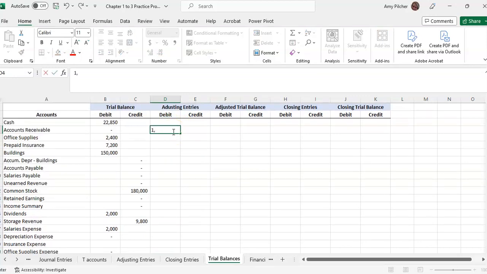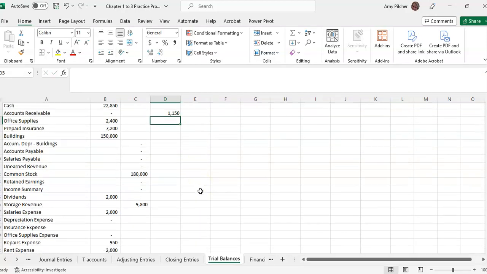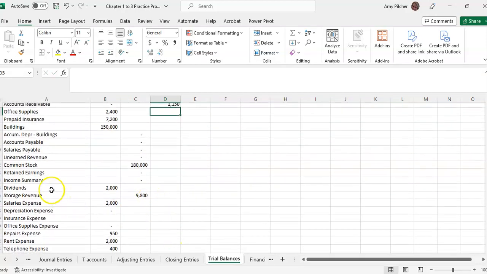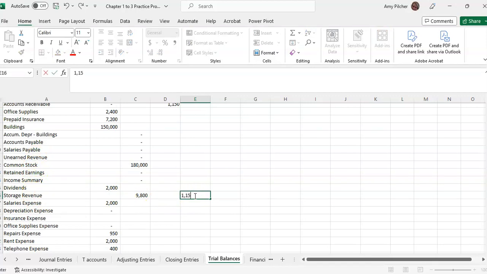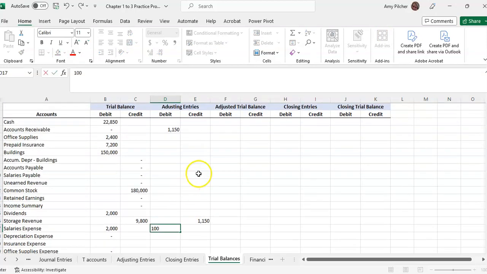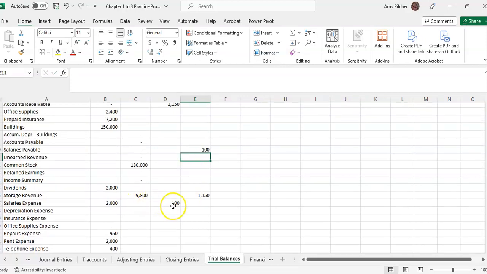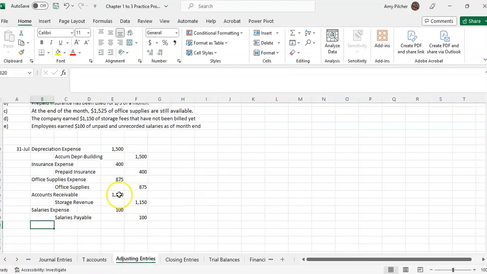Okay, so now we have our changes. So we increased accounts receivable by 1,150, and the credit on that side is to our storage revenue, 1,150. We have our salaries expense, which we added 100, and then we have salaries payable that we added 100. Okay, so that's two of the adjusting entries here. Okay, let's look at the supplies.